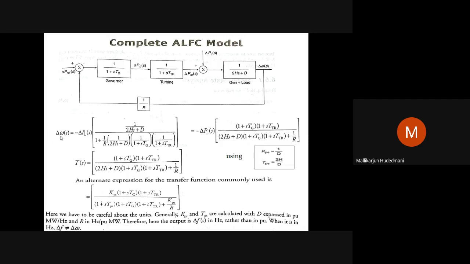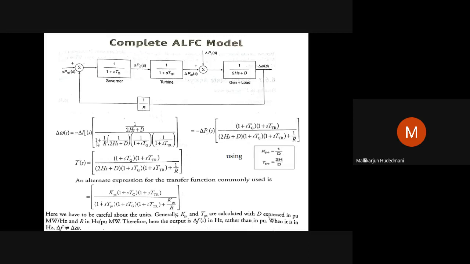So I can say the output, delta omega s deviation, equals minus delta PL of s into the whole transfer function. How is that? 1 by 2Hs plus D in the numerator, the forward function, divided by 1 plus this block, with the negative feedback, because this is negatively fed feedback.